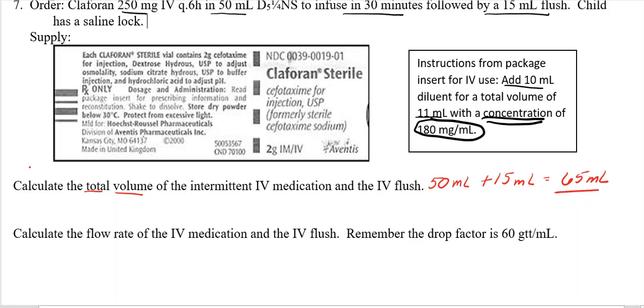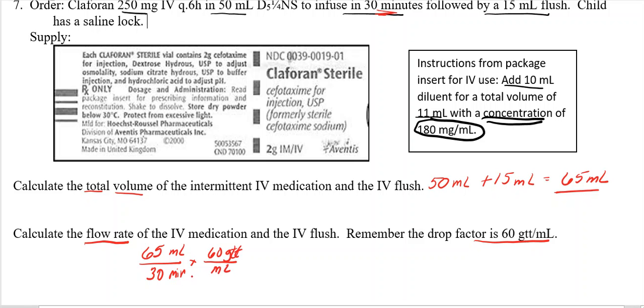So the second, we're going to calculate the flow rate. Remember the drop factor on these is 60 drops per milliliter. So I'm going to start with my total IV volume, the 65 milliliters, over my total time, which is 30 minutes, and multiply it times our drop factor, 60 drops per milliliter.